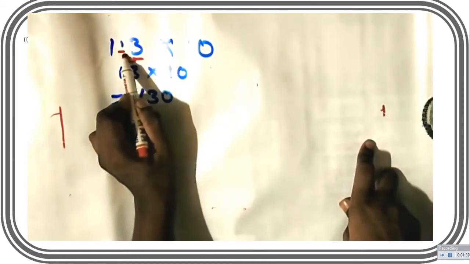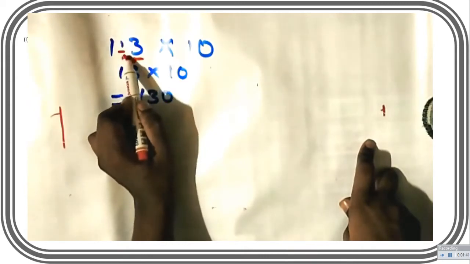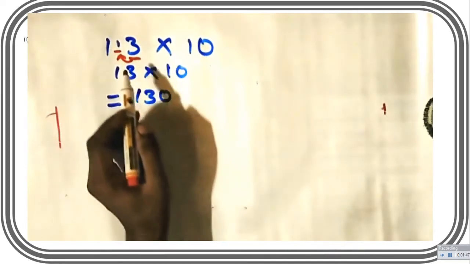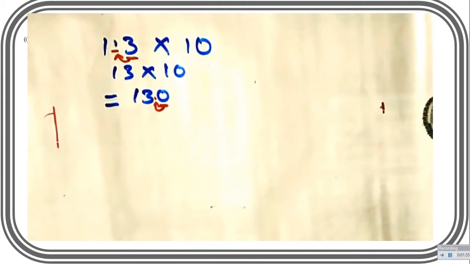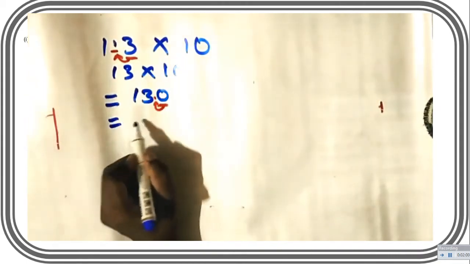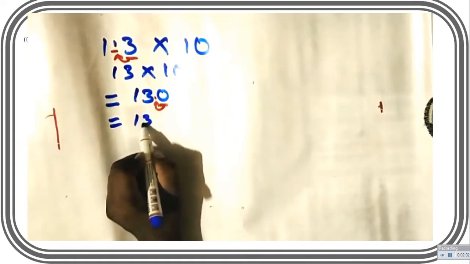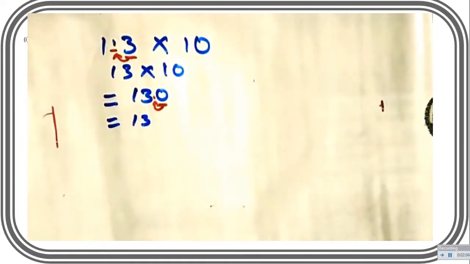After the decimal point we have only one number. Yes or no? So similarly, take one number and after that put the decimal point. Am I correct? So the answer becomes 13.0, that is 13.